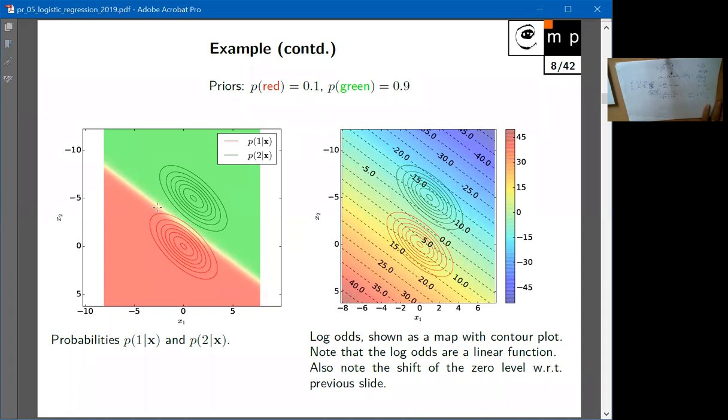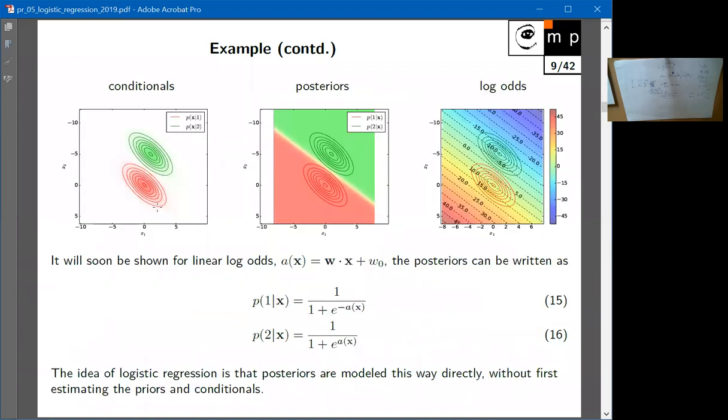If we change the priors, that will just change the offset, no big change. Okay.